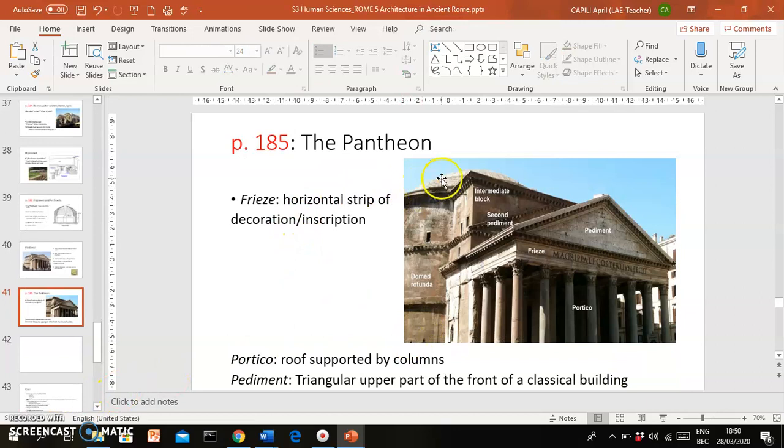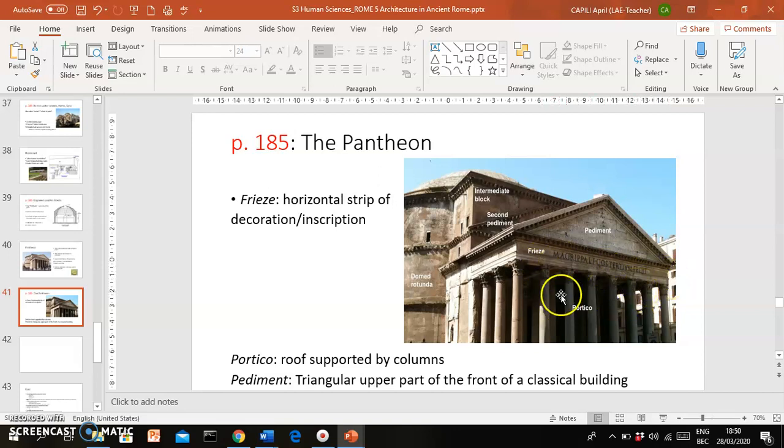Because you will come back to this in S4 history when you talk about the Renaissance, I might as well talk about some of the architectural elements here. This triangular structure in front is called the pediment. That horizontal strip where you have the inscription, where something is written, is the frieze.